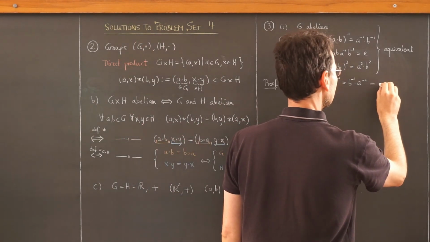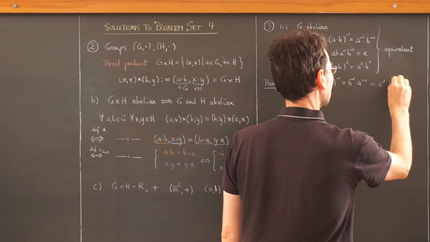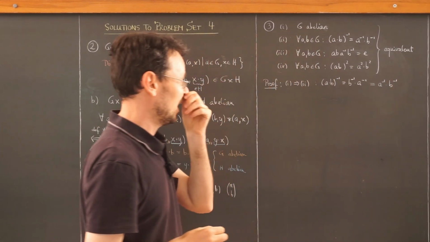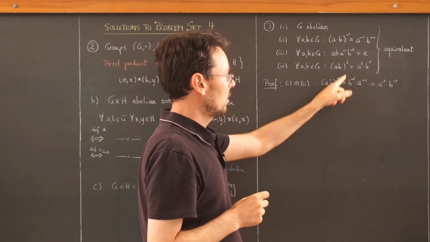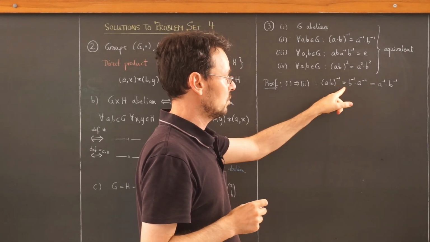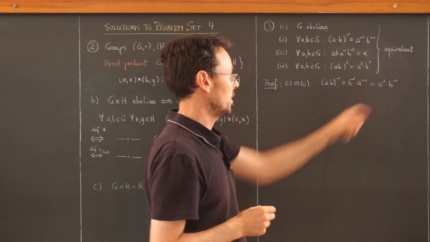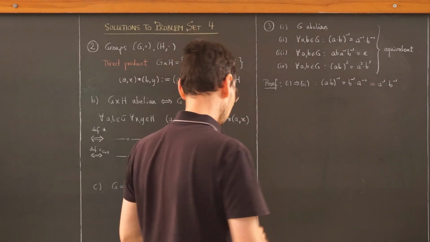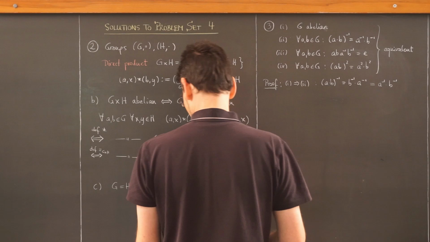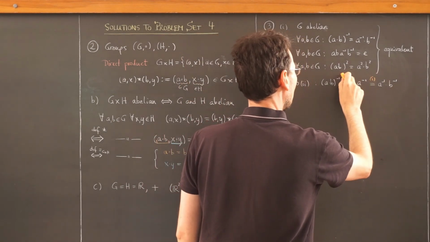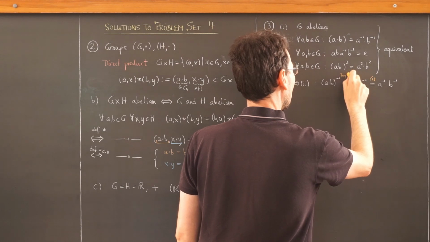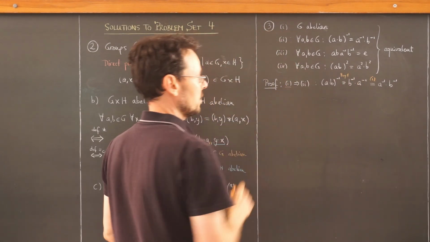And now if G is abelian, I can switch the order, and that's it. So here you should note proposition 1, and here you should write G abelian. So maybe like that. And this was our assumption.